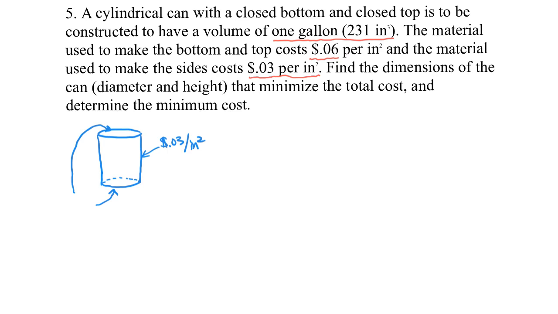As you know, cans typically do have a different material on the top and the bottom. And this cost is going to be 6 cents, or $0.06 per square inch for the tops and the bottom. So we want to find the dimensions of the can that minimize the total cost.